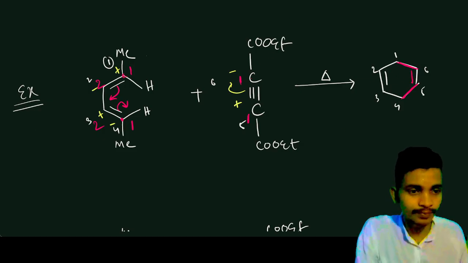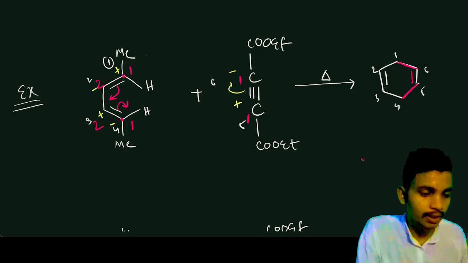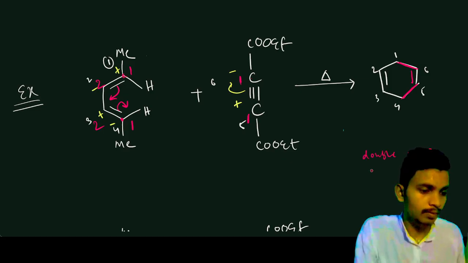Now, since this is again a double bond, what we know is that a double bond is planar because it is sp2 hybridized.